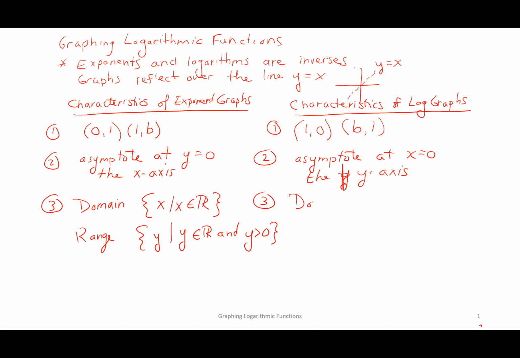So now the domain is going to be such that x is in the set of all real numbers, but x has to be greater than 0 because there's an asymptote at the y-axis. And the range is y, such that y is all real numbers.